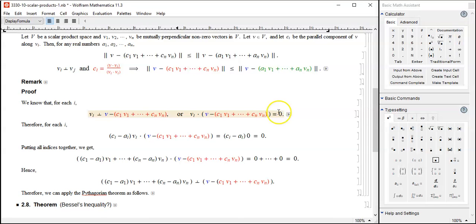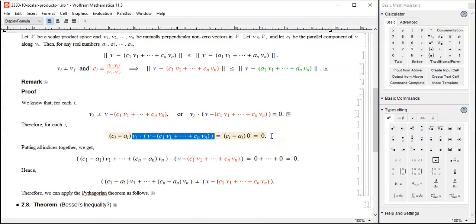Okay, because this is 0, we can multiply by any scalar, excuse me. Ci minus Ai times 0 is equal to 0. Previously we had just Ci, but this time I'm using Ci minus Ai. Idea is the same. This times 0 is 0.